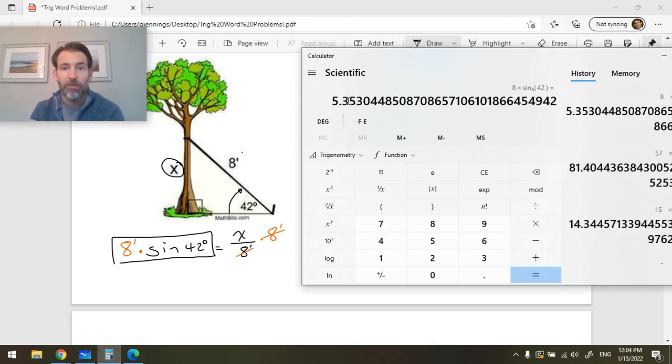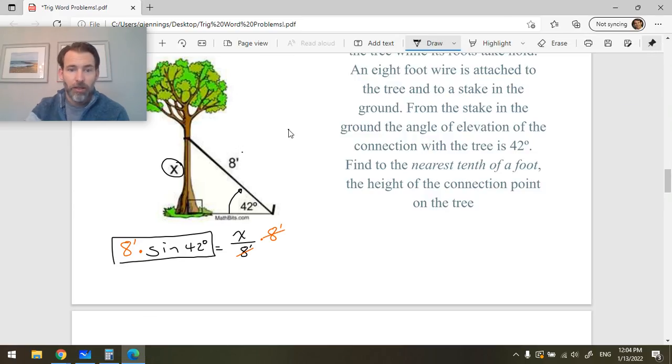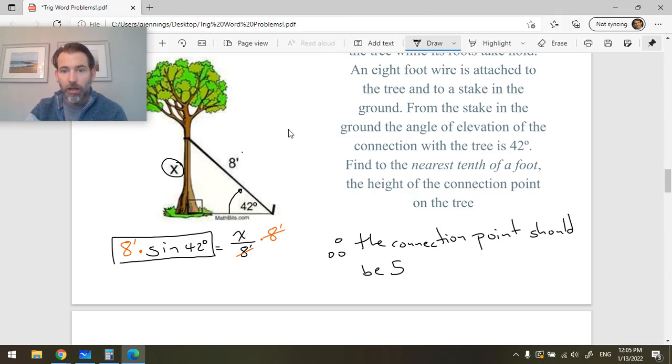So 5.35, I need to round that up because 5 makes it round up. So it's going to be 5.4. Therefore, the connection point should be 5.4 feet up the tree.